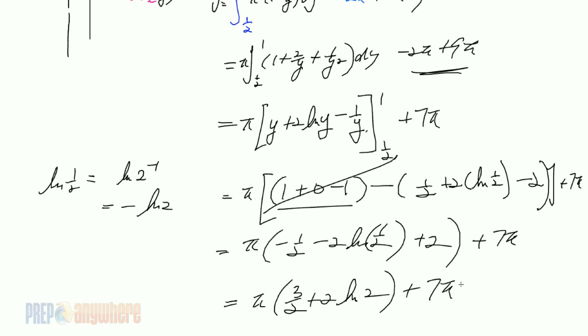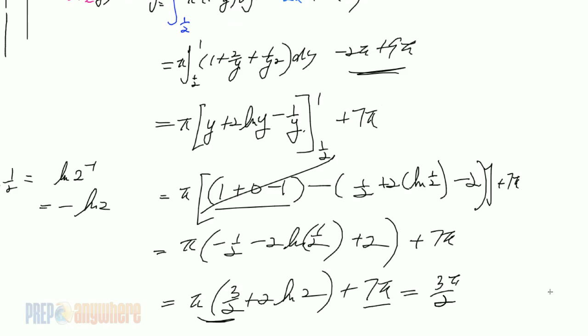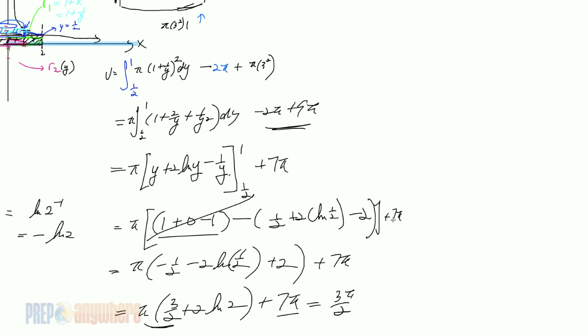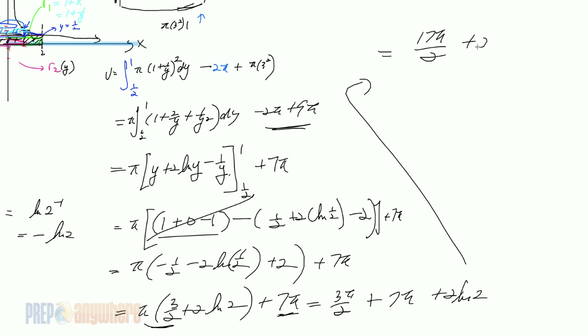Beyond this, you just need to punch it in the calculator. Actually, maybe we can add these two. If you expand that, you get 3 pi over 2 plus 7 pi at the back. The 2 ln of 2 we cannot combine with anything. So this is 17 pi over 2 plus 2 ln of 2.